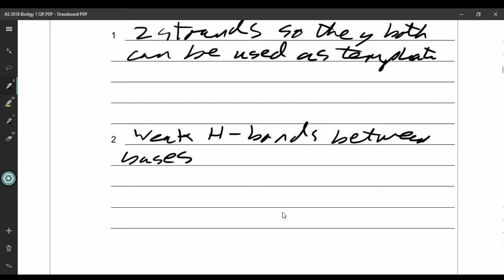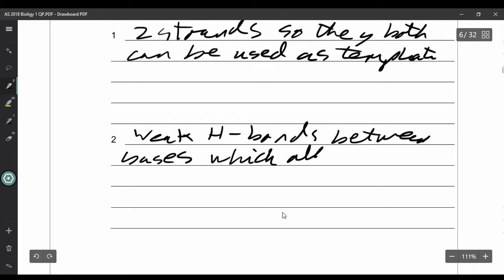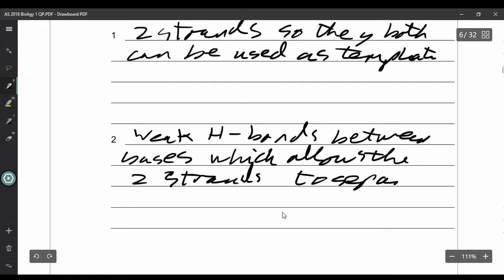So this allows the two strands to separate. Okay, so we know that the two strands have got to separate, so they act as a template, and that can only happen because of these weak hydrogen bonds. So again, read the question, make sure that you're giving the feature and the explanation.